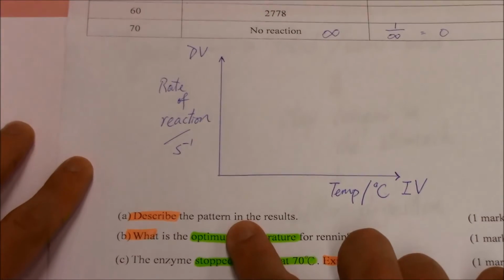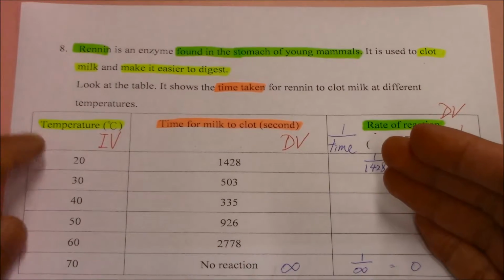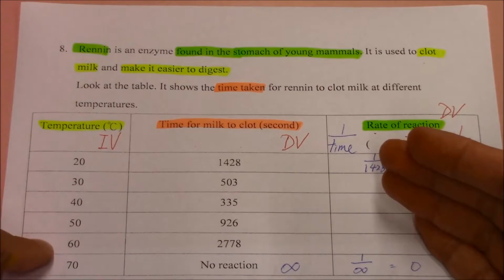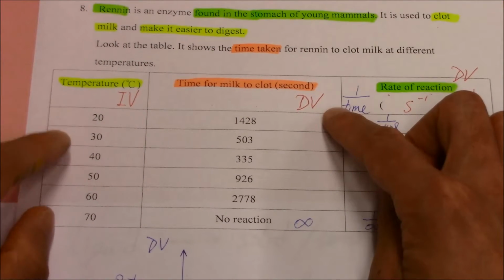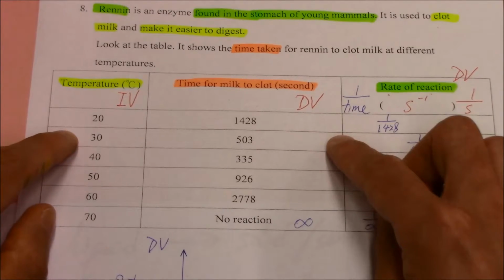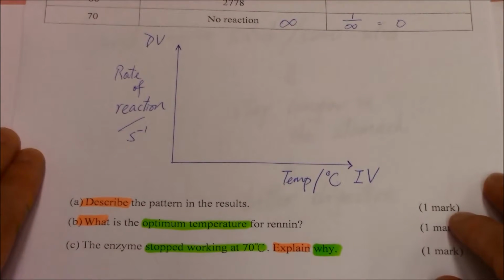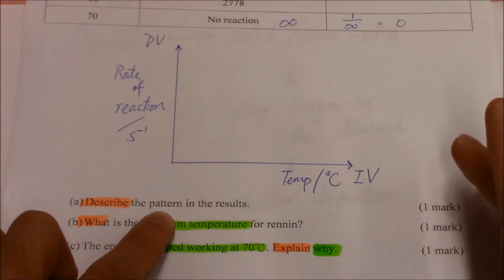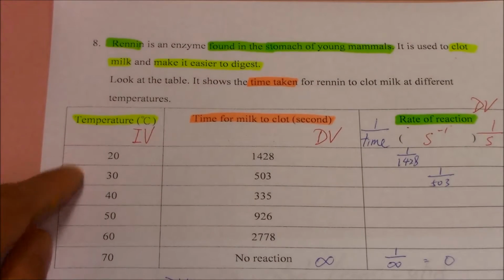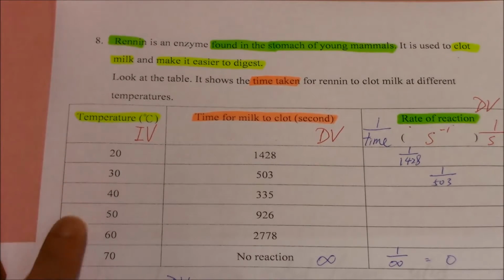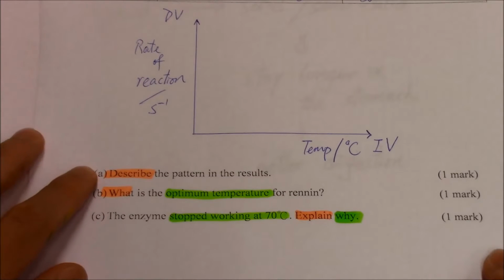So that's the pattern you need to describe. I'm not asking you to describe every temperature, like at 20 degrees Celsius, the time is something, at 30 degrees Celsius, the time is something. No, I am not asking you to do so. I just want you to describe the pattern, the tendency. Like in Liberal Studies, you don't need to go through every temperature, just tell me a trend. So describe the pattern in the result.